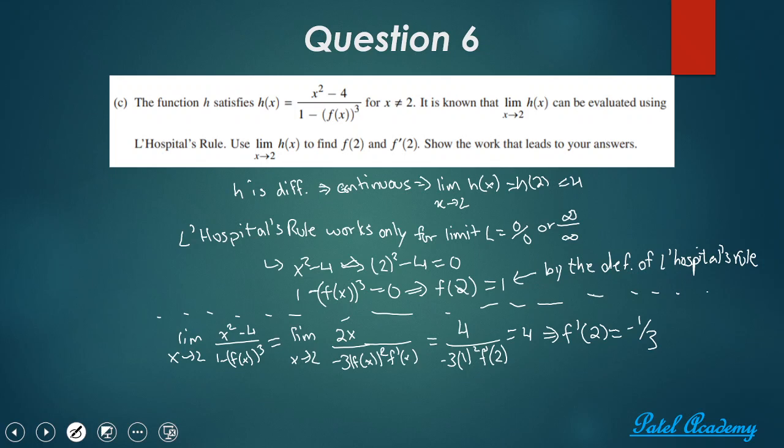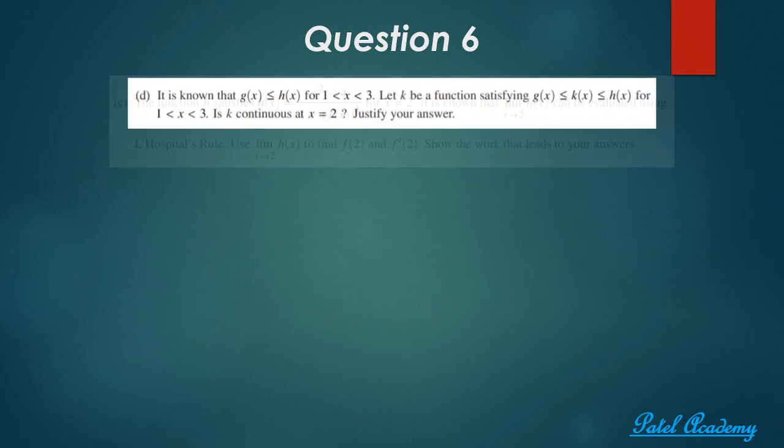Because we found out that the top was 0, for L'Hopital's rule to work, the bottom has to be 0. And so we can figure out what the function is, and then we use the definition of differentiability. Remember, differentiability implies continuity to solve for the other value, f prime at 2. So hopefully you guys understand that.